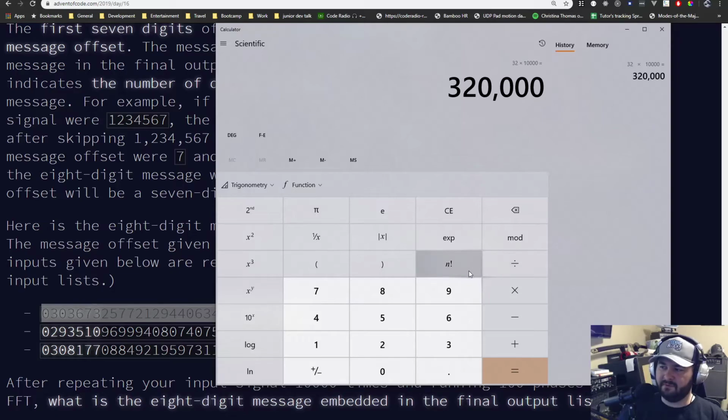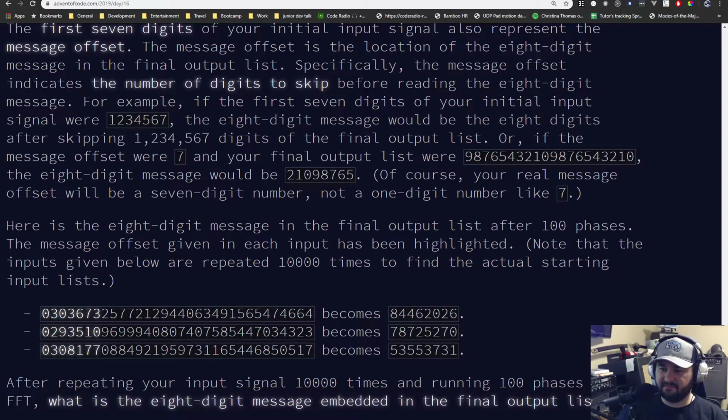Now, if you skip the first 1, 2, 3, 4, 5, 6, 7 digits, that's 303,673 places you trim off.